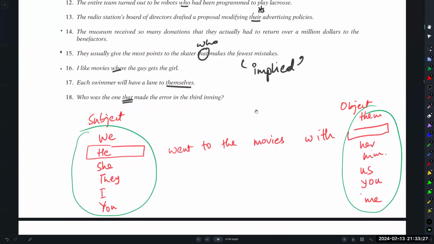So I was saying implied. We did a question which had an implied word. I think the word was that, and we saw a rule for it. It has skipped my mind right now. What was it?